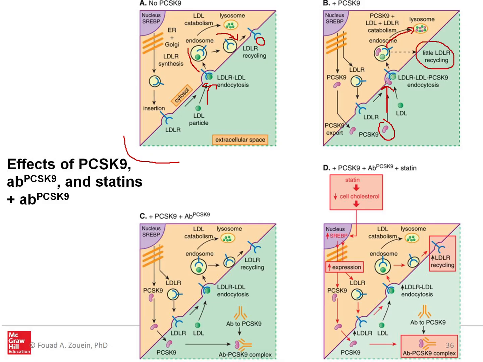So if you decrease LDL receptor recycling, you're not going to have much LDL receptor coming back to the surface, which means the efficiency of LDL clearance will decrease. So what happens at this point? The mechanism of action of the monoclonal antibody is to block this particle right here. By blocking it, what happens? The LDL will bind to the LDL receptor. In the absence of PCSK9, it will go in by endocytosis.